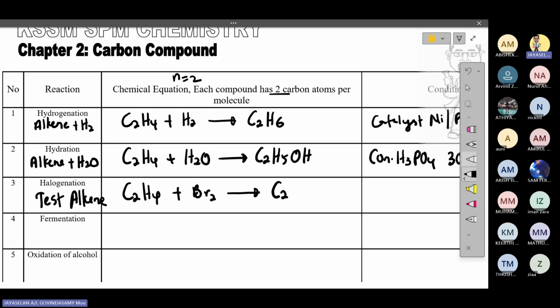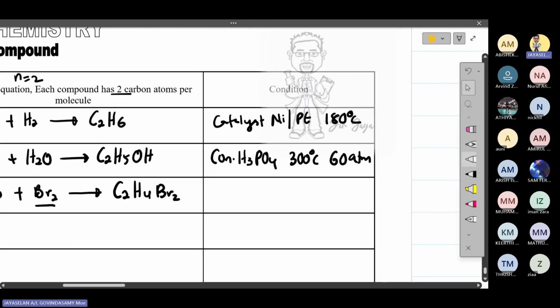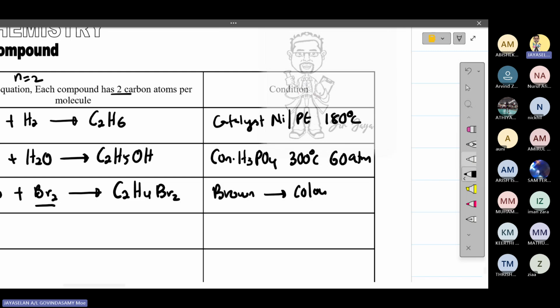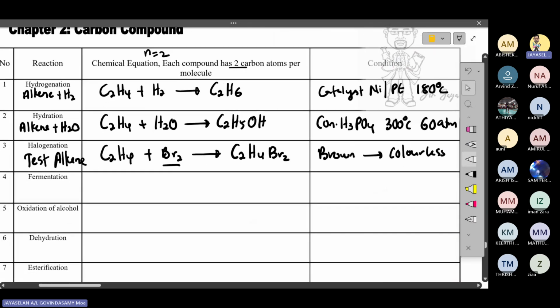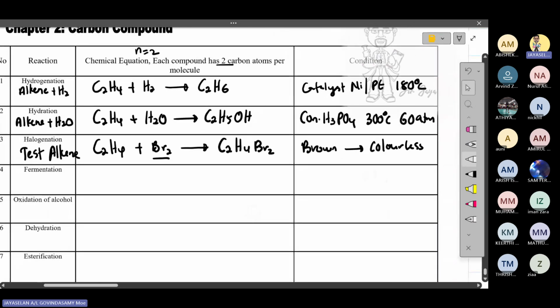Very simple equation: C2H4, you take the Br2 and put here. What is your observation during the test? Brown solution turns colorless. You must remember all this. And this is the test; if they ask for the test for alkene, you do it like this.